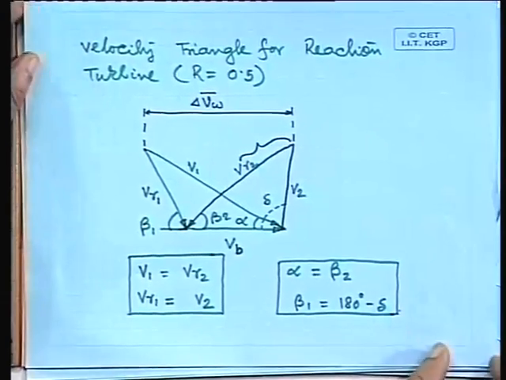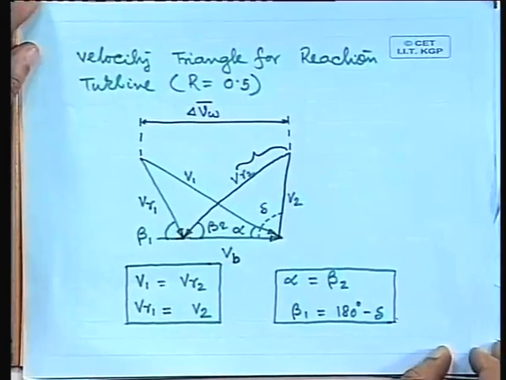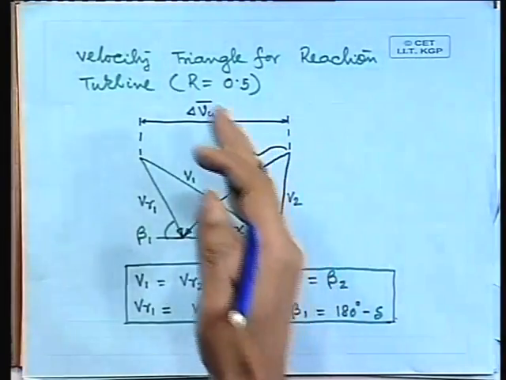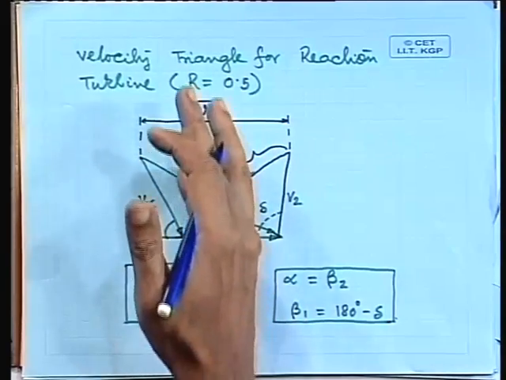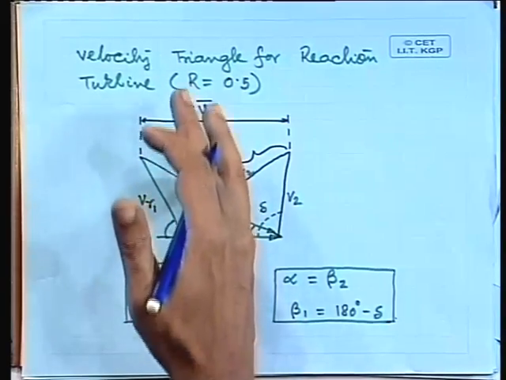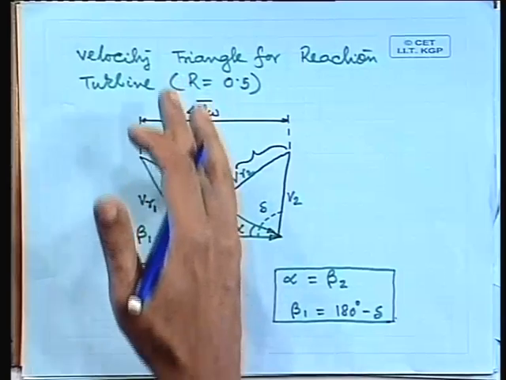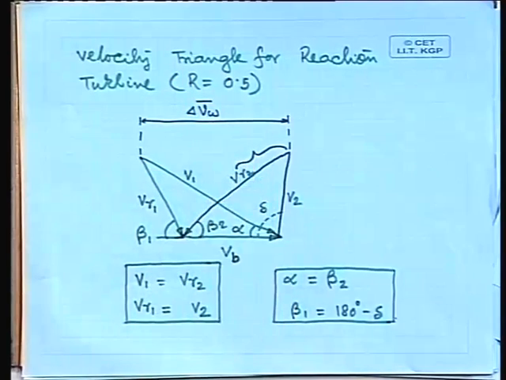Does it give you some sort of hint? What will be the shape of the velocity triangle? Yeah. V1 cos alpha means this VR1 has to be at 90 degrees with Vb.